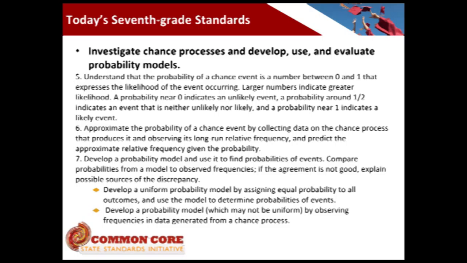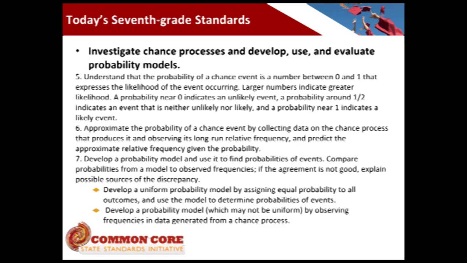Number 7 continues the idea of the experimental versus the theoretical, but also making a judgment. If I throw a die that has 6 sides, but one side keeps coming up, maybe there's something wrong with the die.